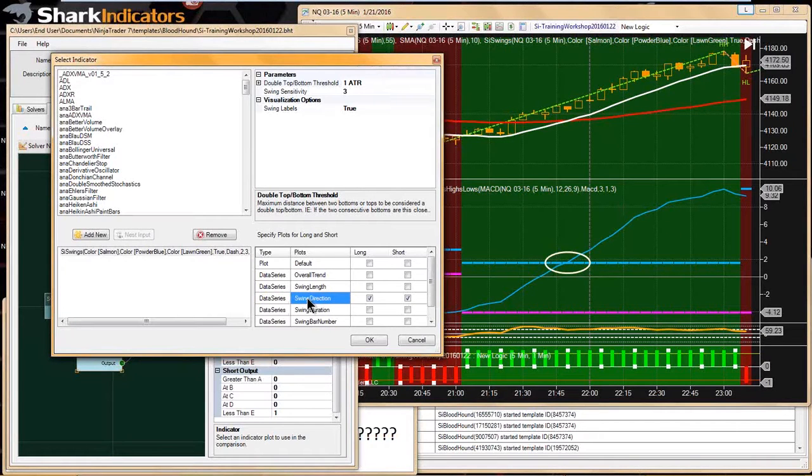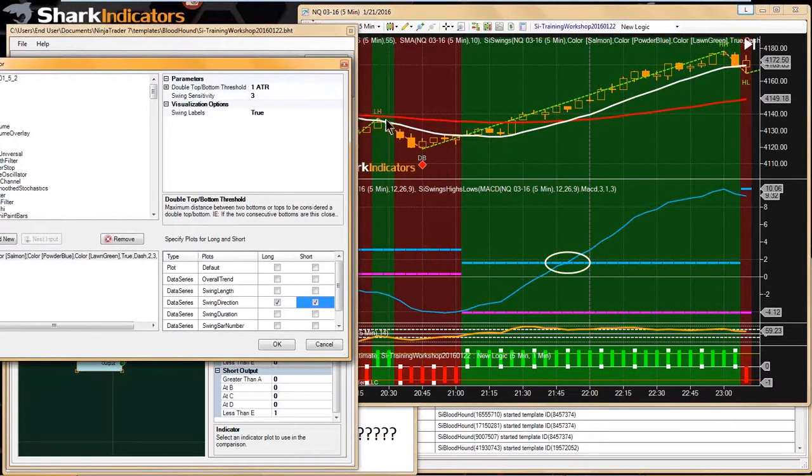For example, for this swing direction, I know from experience that it's going to contain a positive 1 when the swing is in an up direction, and a negative 1 when the swing is in a down direction.